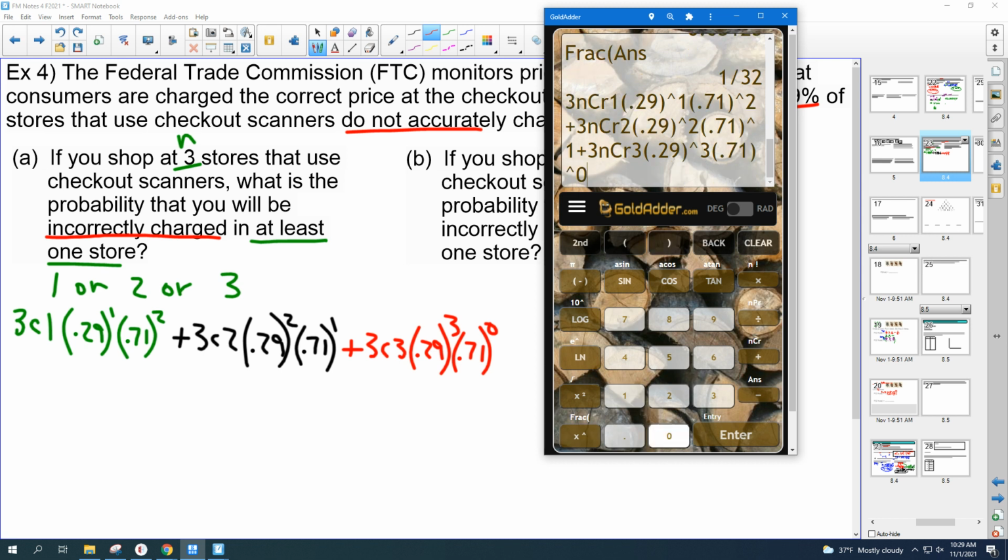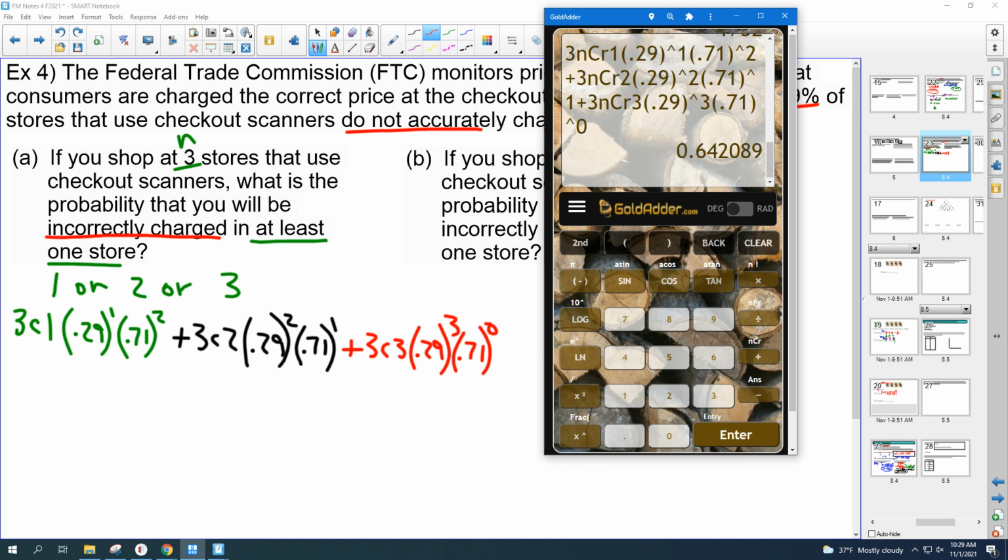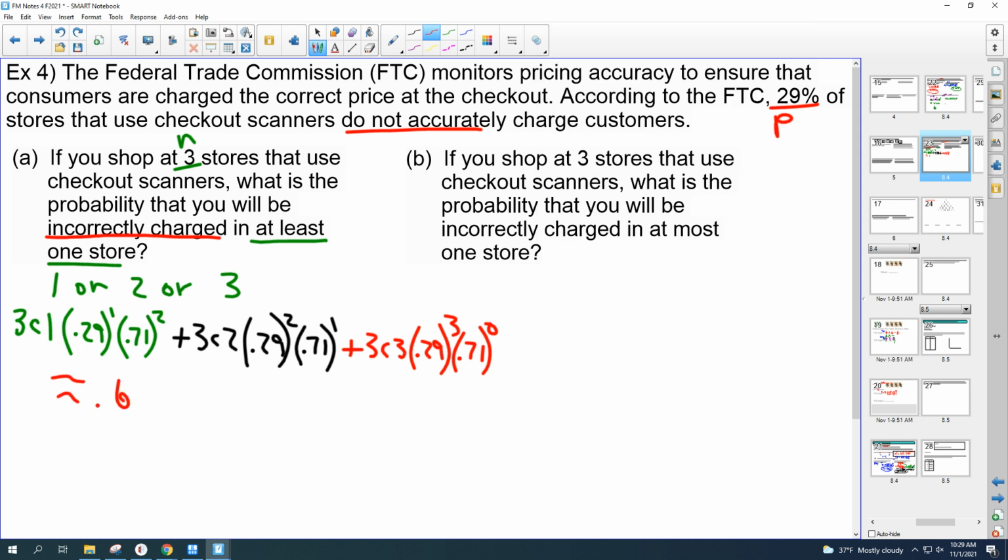A lot going on there. 0.6421. Okay, that looks right. Type it all in, 0.6421. That's the probability that it happens in at least one store.